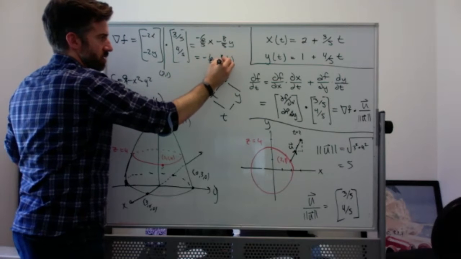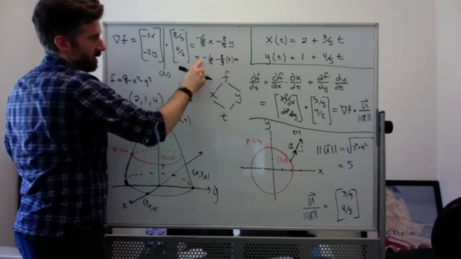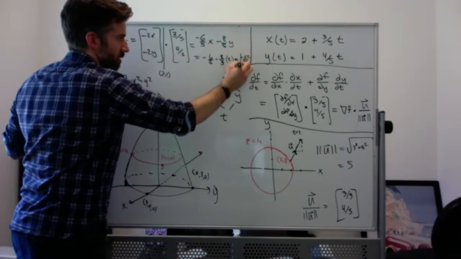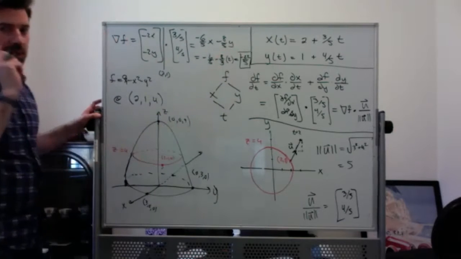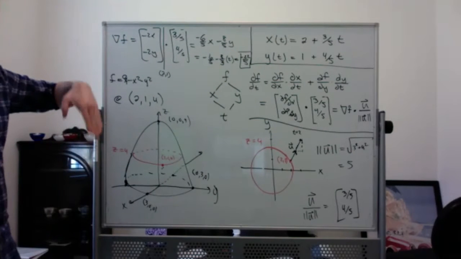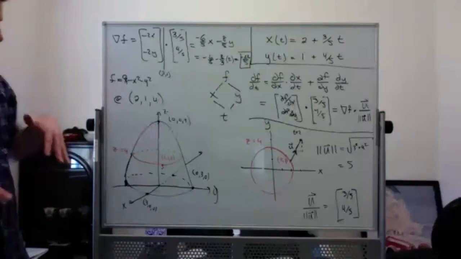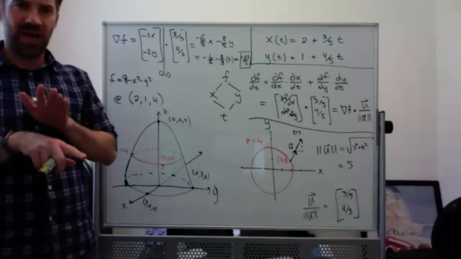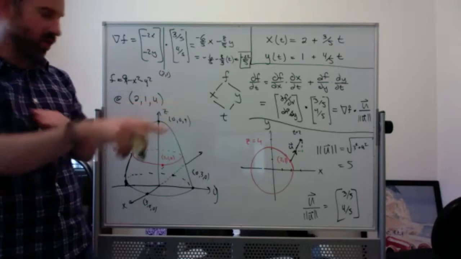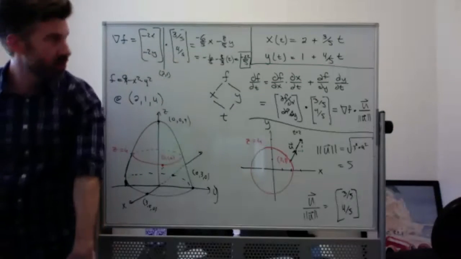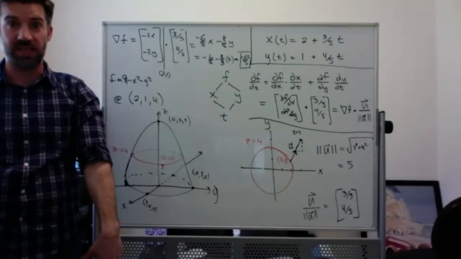That's going to be negative 6 minus 16, so negative 22/5. So what that tells me is the slope going downwards is negative 22/5, meaning for every 1 unit I move in the direction of u, I'm going down 22/5 in the z direction.